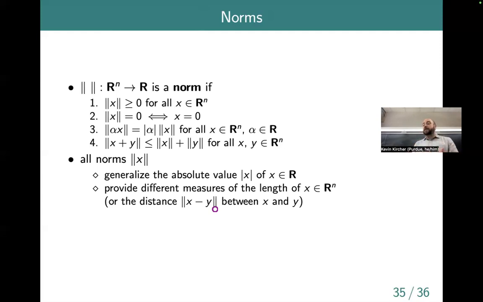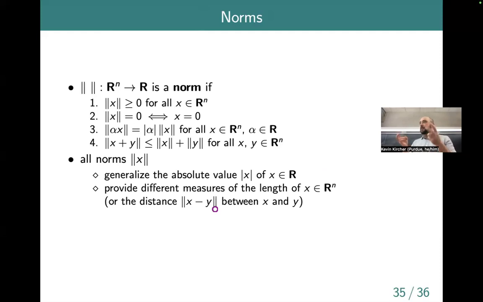So you can imagine why norms come up in a lot of applications. For example, suppose we were trying to predict something and it was a vector thing. We have two things: the true thing that we're trying to hit, the target, and then we have our own prediction that we made. So you might want to minimize the distance between those two things. Your prediction is in some sense better the closer the vectors are together.